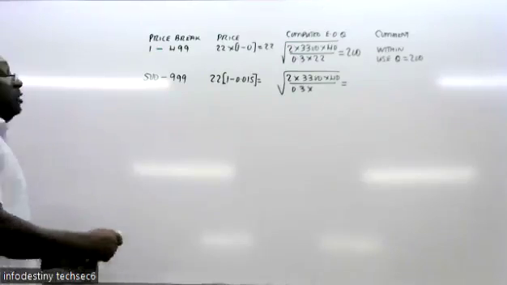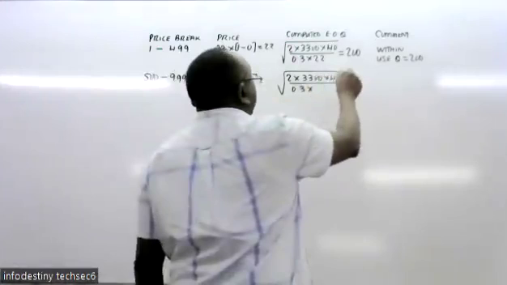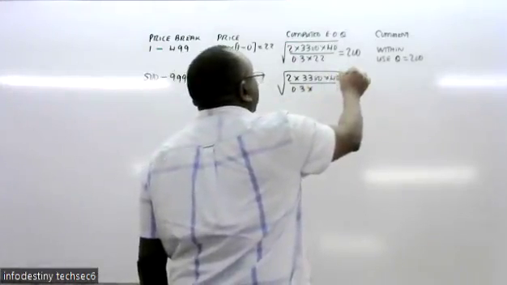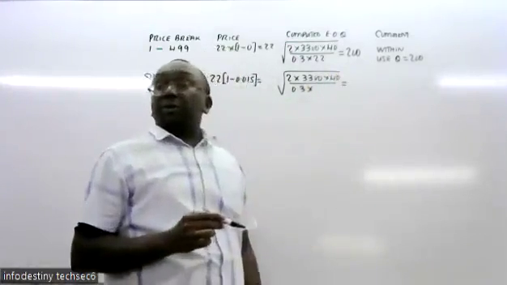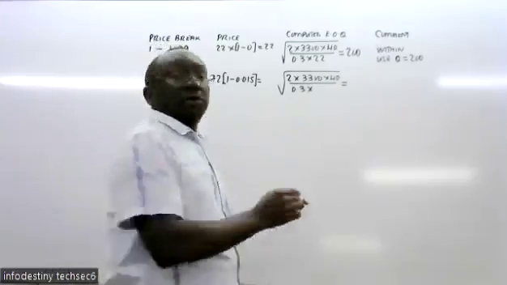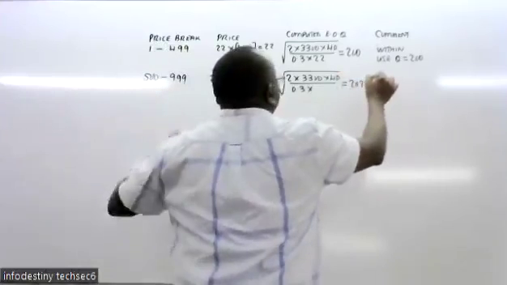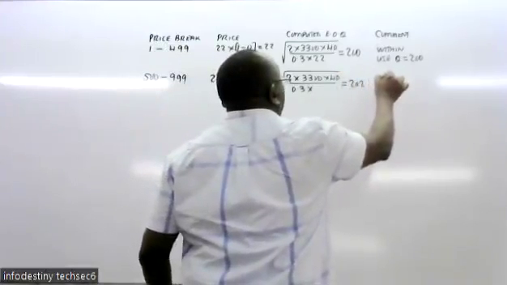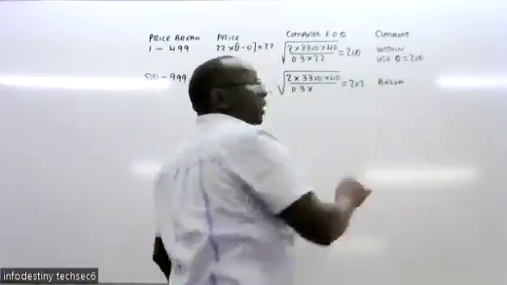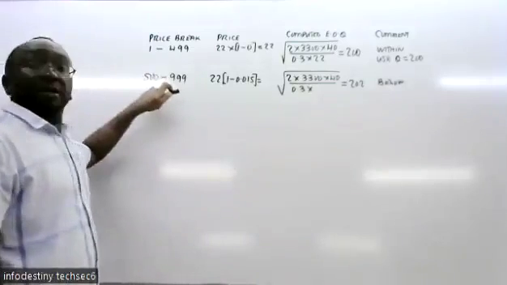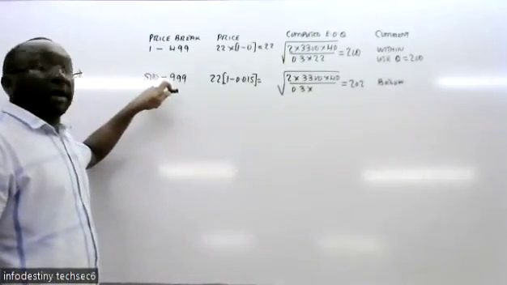So give me this. You have gotten the EOQ, 202. Now, if you have gotten 202, it is below this range.